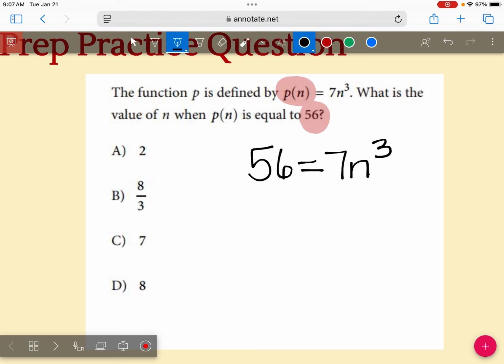How do we get rid of that 7? Will we add the 7, subtract the 7, multiply by 7, or divide by 7?